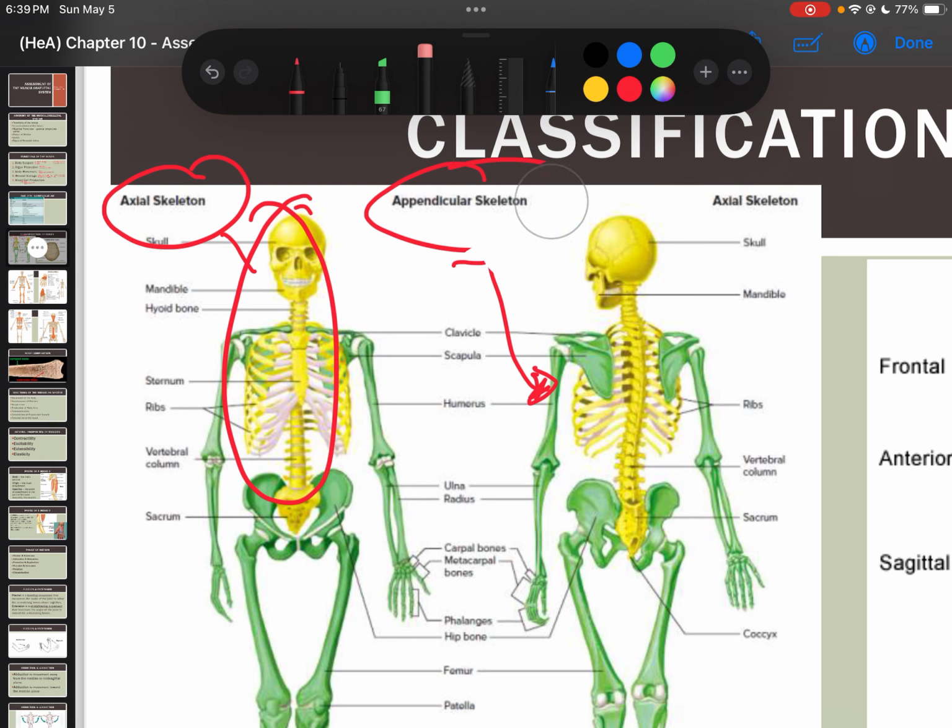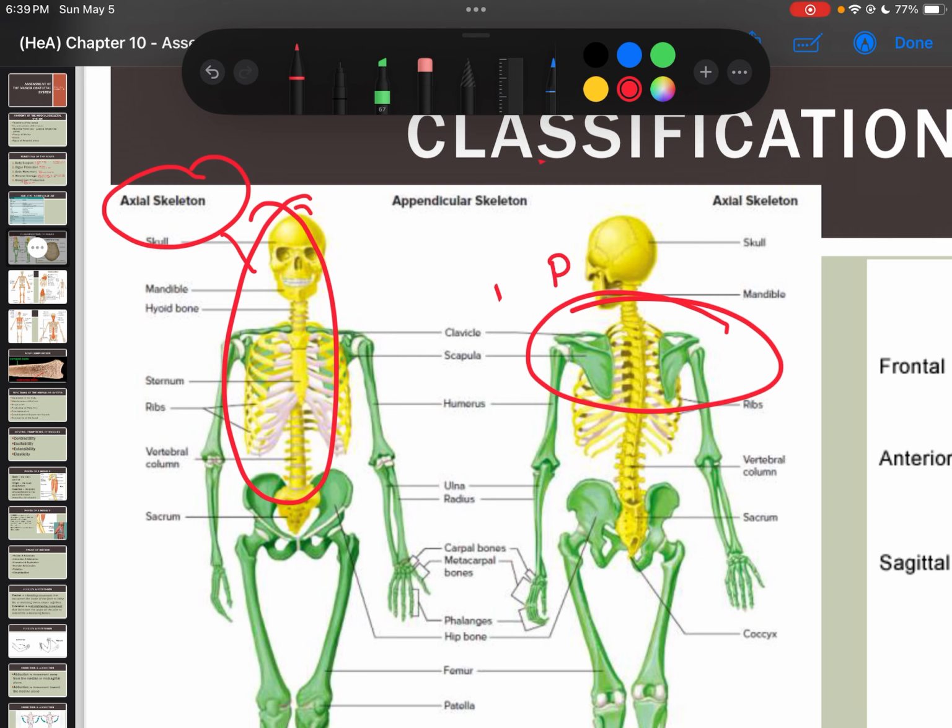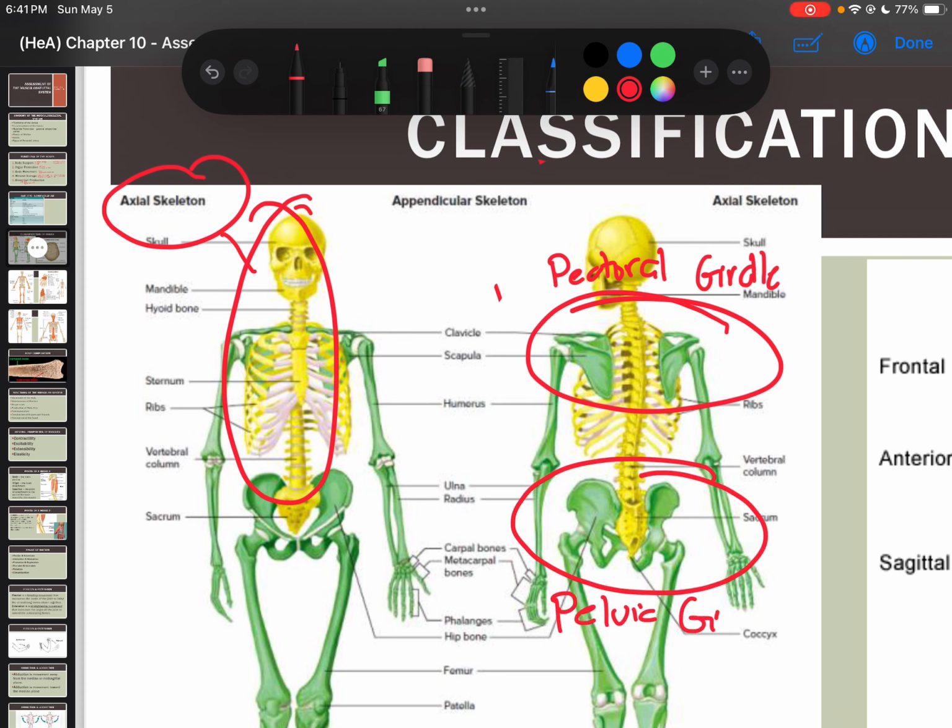The first one is the upper, which we call our pectoral girdle, whereas this one here is our pelvic girdle.